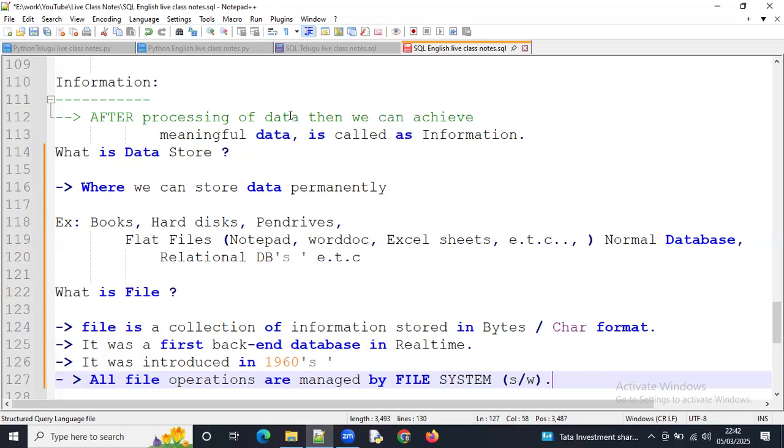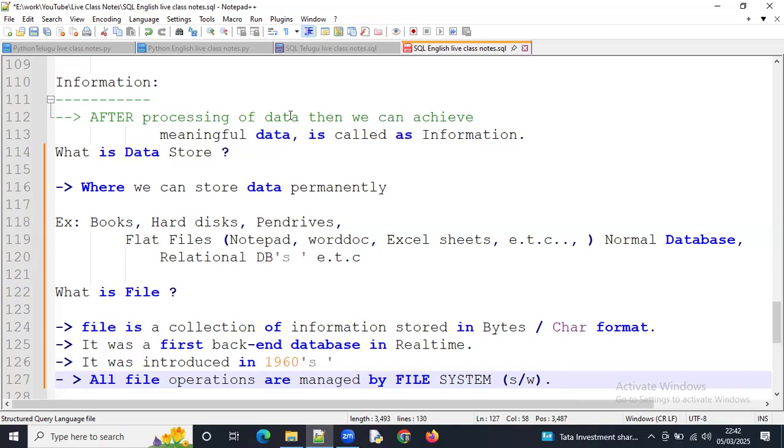Where we can store data permanently, not temporarily. That kind of storage is nothing but a data store.